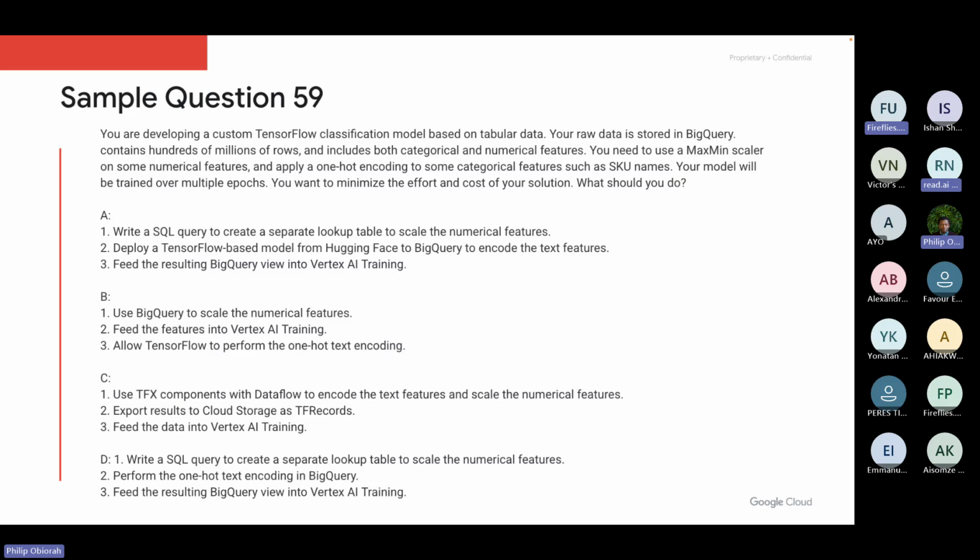You need to use the min-max scaler on some numerical features and apply one-hot encoding to some categorical features. Your model will be trained over multiple epochs. You want to minimize the effort and cost of your solution. What should you do?